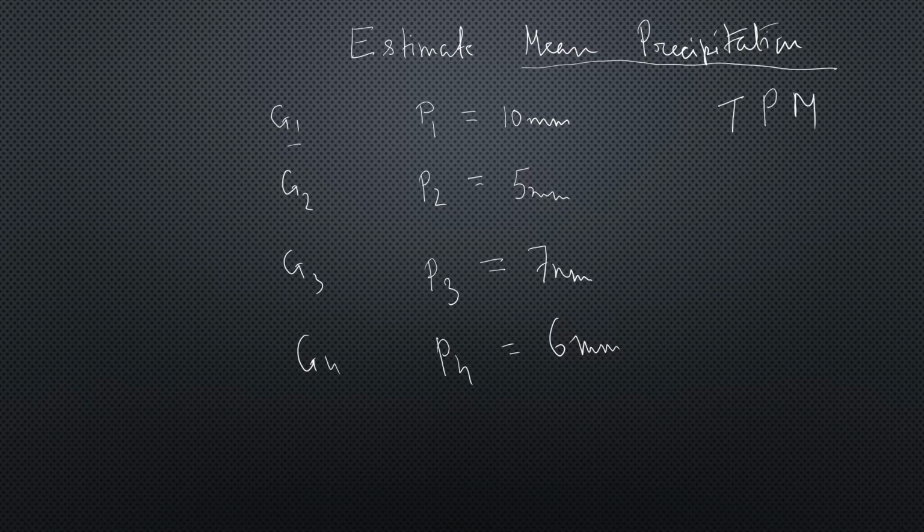Method, then what you have to do is, suppose the location of gauge stations is like this: G1, G2, G4. So this is the location of gauge stations.